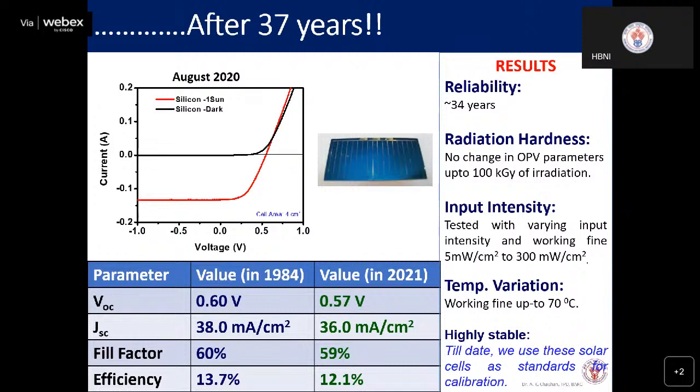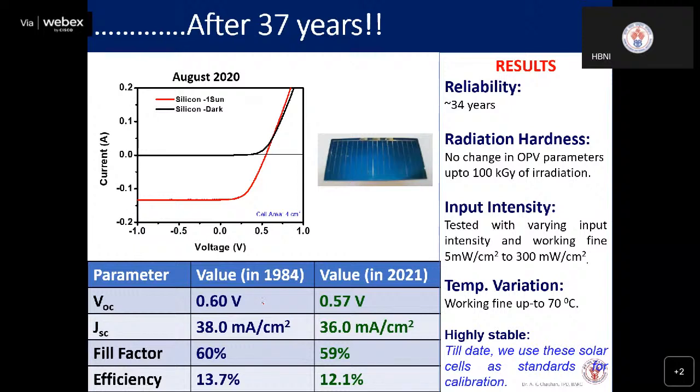So it has to qualify on the temperature variation and intensity variation, and should qualify all those things. Those solar cells which were actually made about 35, 37 years ago, if you see today also, are in our lab and we use them.